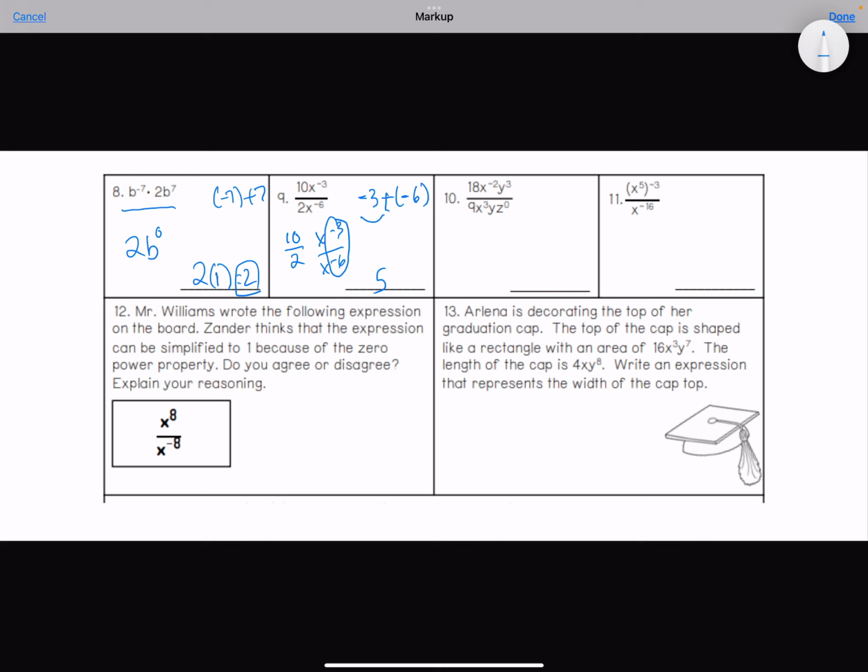Keep change opposite. Negative 3 plus 6 is x to the 3rd. So that simplifies to 5x to the 3rd. Number 10, again, separate.